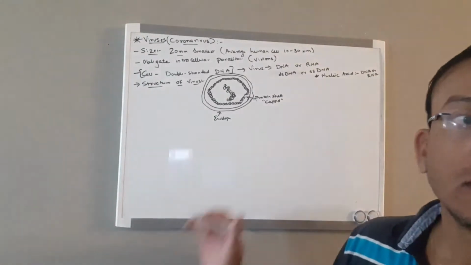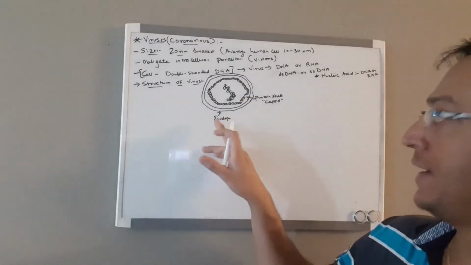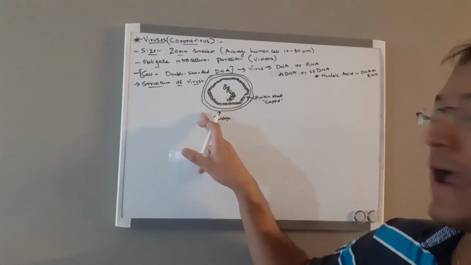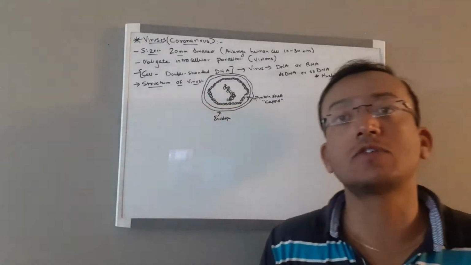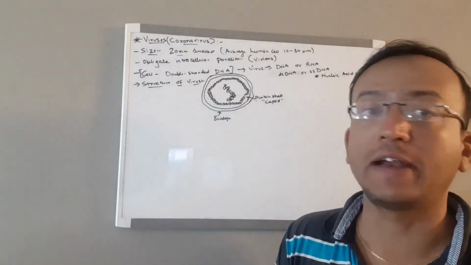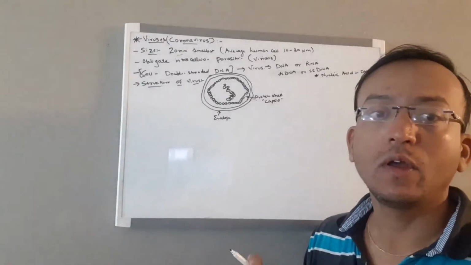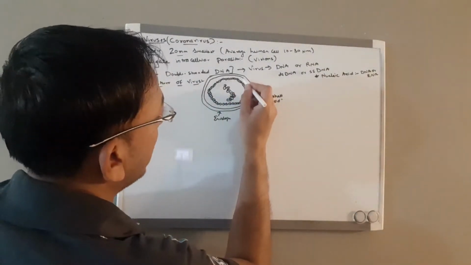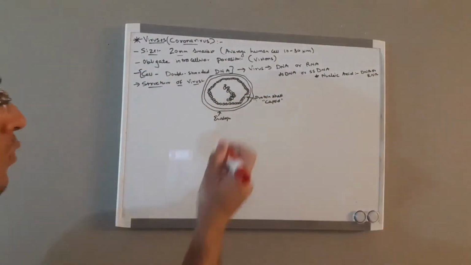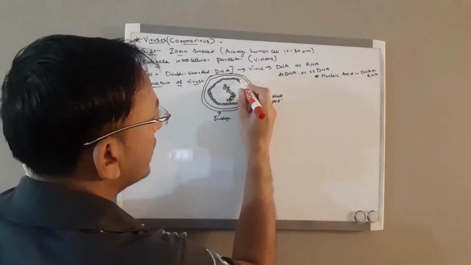Besides nucleic acid, capsid, and an envelope, viruses more often have proteins that are called matrix protein. Let me see if I can draw this. All right. So these are matrix protein.